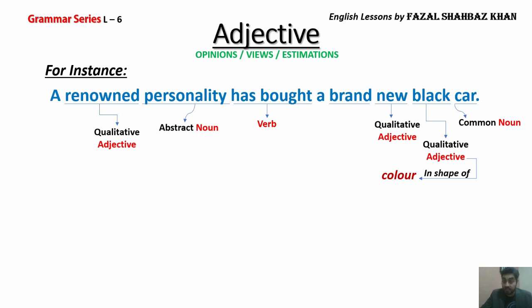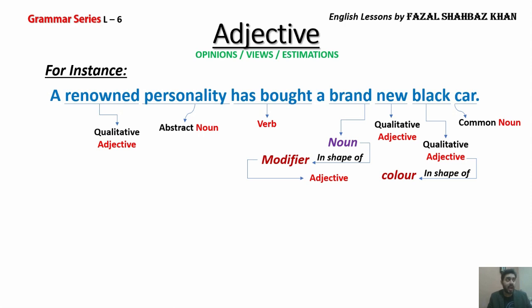Now let's talk about brand. When we talk about brand as a word class, it's a noun, and it gives you a whole new meaning entirely. But we use brand in this sentence only in shape of a modifier, and that is actually modifying new black car, and by modifying it, it becomes an adjective.